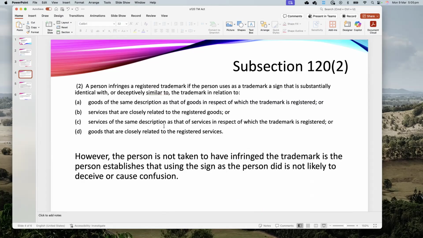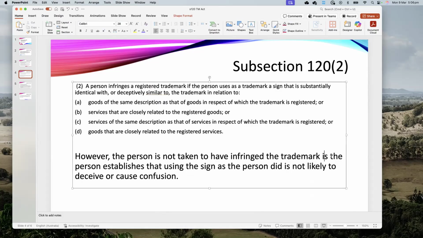just in smaller font, there is another sentence. And that sentence says, however, the person is not taken to have infringed the trademark if the person establishes that using the sign as they did is not likely to deceive or cause confusion.